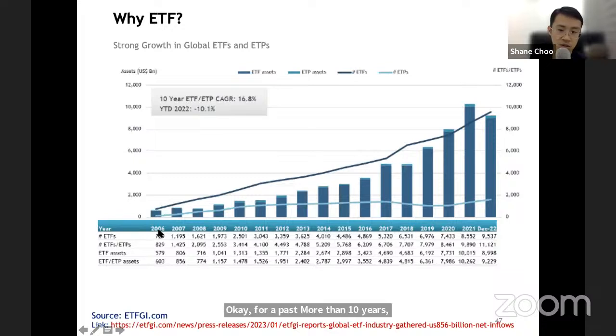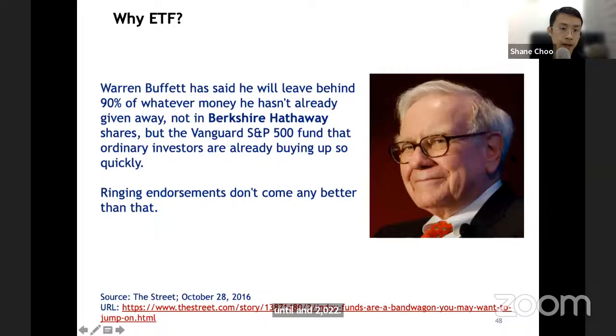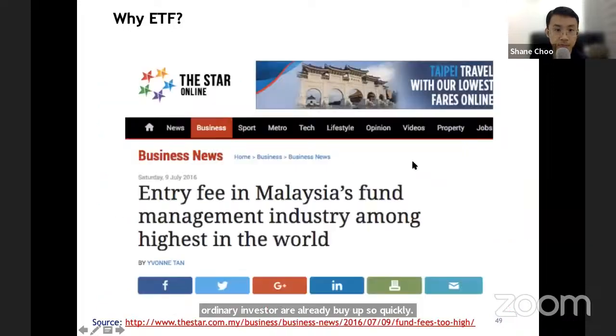Since 2006 until the end of 2022, the ETF market has been growing by leaps and bounds. And Warren Buffett is also an ambassador for ETF. Warren Buffett said that he will leave behind 90% of whatever money he hasn't already given away, not in Berkshire Hathaway shares, but in the Vanguard S&P 500 fund that ordinary investors are already buying up so quickly. So ringing endorsements don't come any better than that.